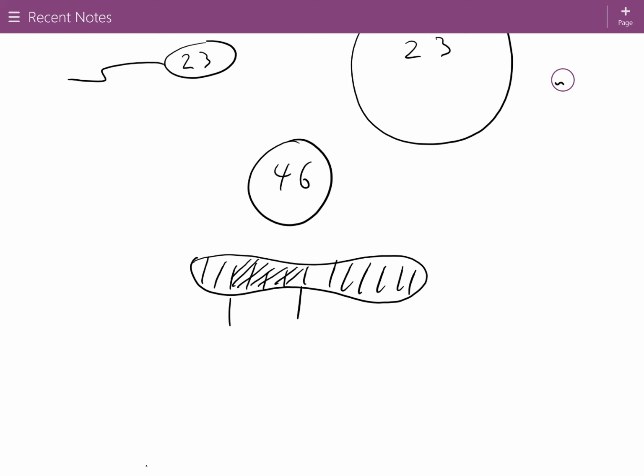This gene codes for certain characteristics in living things. So this might be the gene for blue eyes, or the gene for brown hair. We've many tens of thousands of these genes all located along the length of the chromosome in the DNA, and these give us all the different characteristics we have.